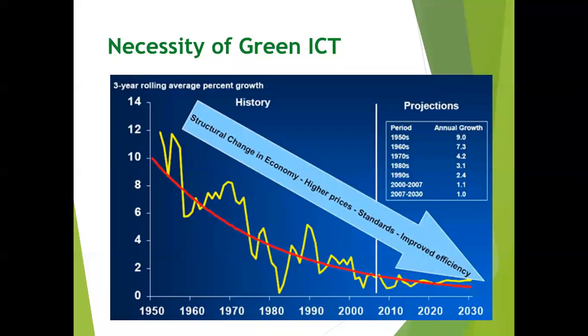The standards will be maintained, but the efficiency will be improved. Why? Because currently we have reduced our dependency on ICT systems. Why? Because we have our own laptops, which we can carry in our hand almost every day, and we have our mobile in our hand. That is one big ICT breakthrough that we have made in the past years.